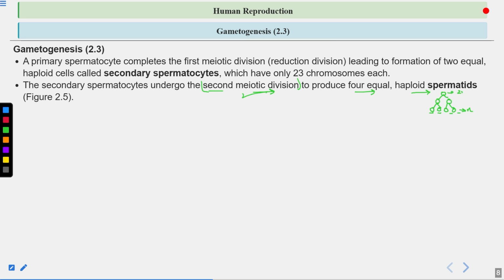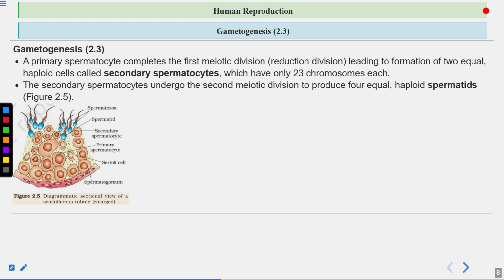This will be 2n, then n, and then n. So again remember, from one primary spermatocyte, two secondary spermatocytes are formed and 4 spermatids are formed. These are 4 spermatids. Clear? This will be haploid, means it will contain 23 chromosomes.